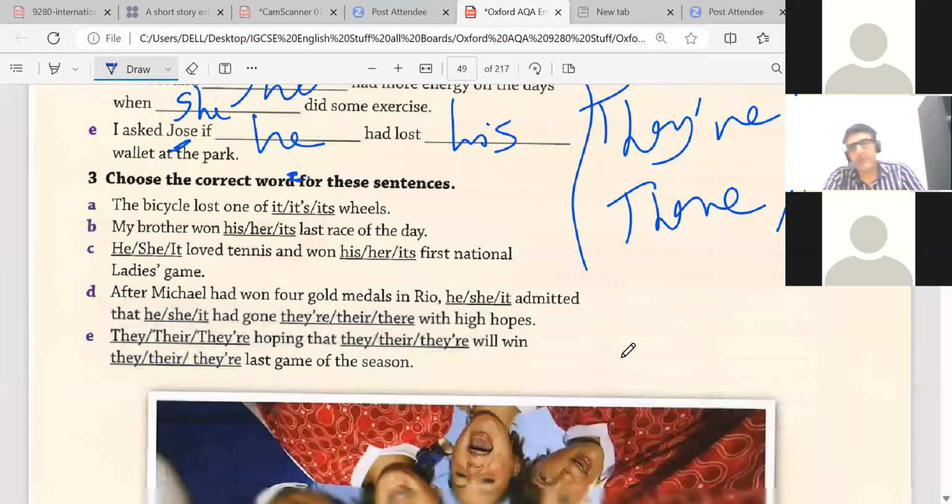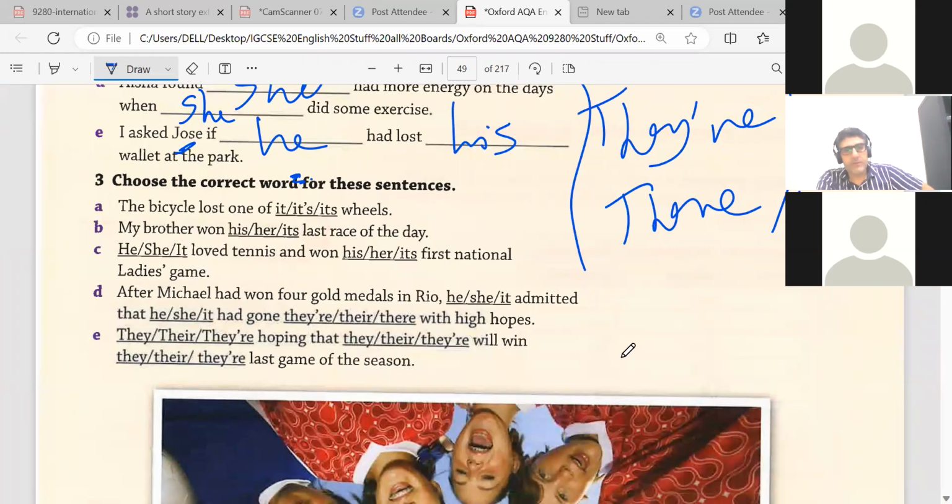Quickly, guys, please, quickly to finish this part. Choose the right one.